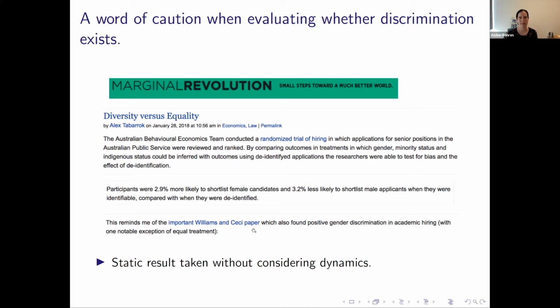In our possibility result that illustrates how a reversal may arise, suppose there are two types of initial evaluators. One believes that on average, females have lower average productivity than males. The other believes that they're the same. That gives you average discrimination against females in the first evaluation, because you're averaging people who think both groups are the same and people who think one group is worse than the other.